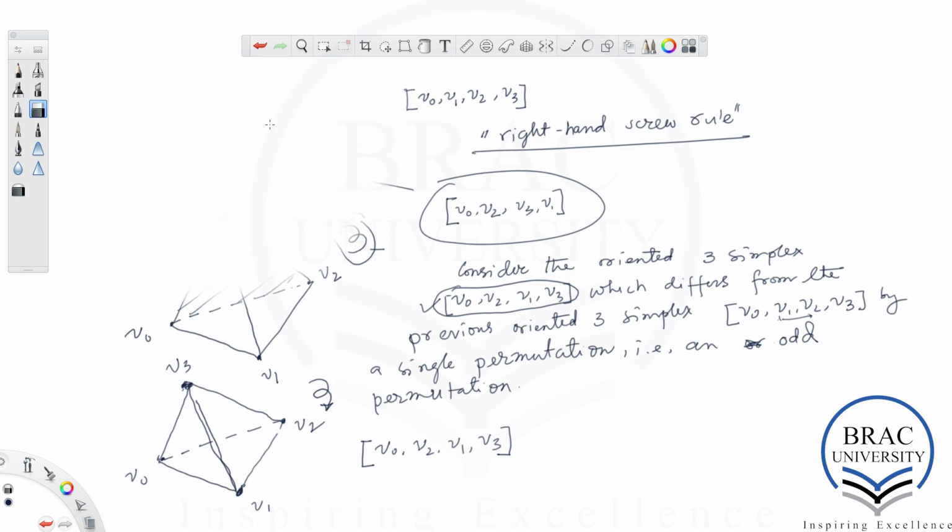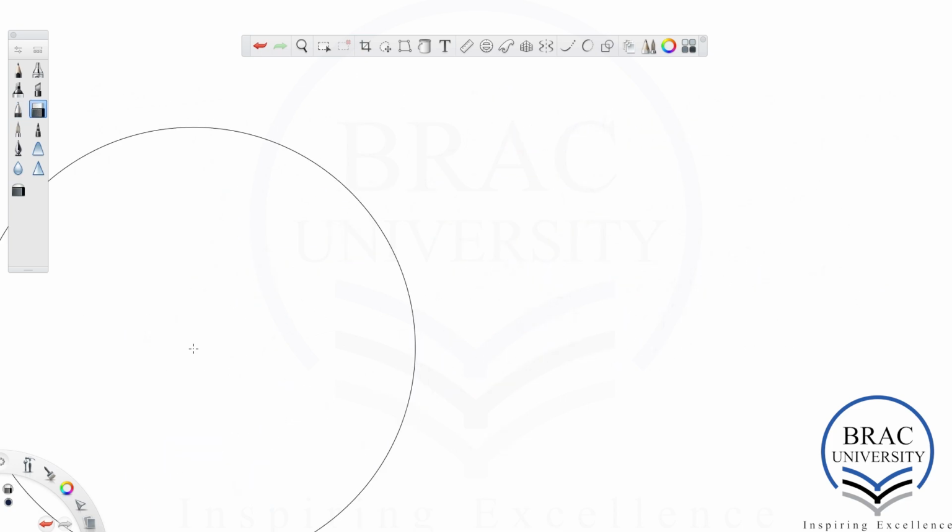Okay, so now we are in a state to give the definition of chains on a simplicial complex. Here is the definition. Let K be a simplicial complex.